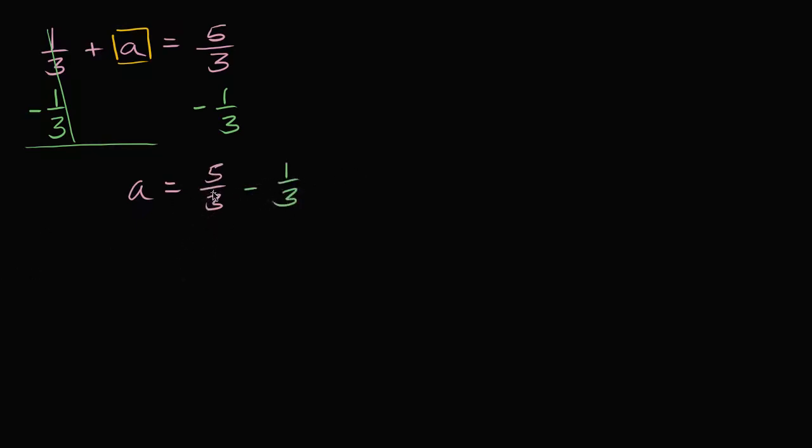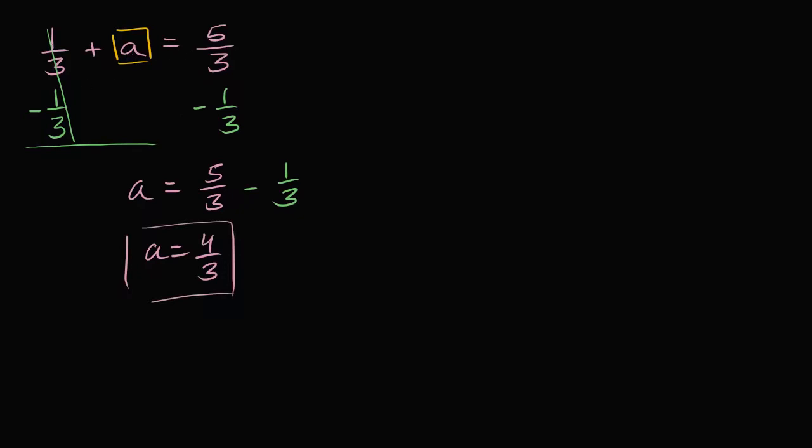I have 5 of something. In this case, I have 5/3. And I'm going to subtract 1/3. So I'm going to be left with 4/3. So I could write a is equal to 4/3. And you could check to make sure that works. 1/3 plus 4/3 is indeed equal to 5/3.